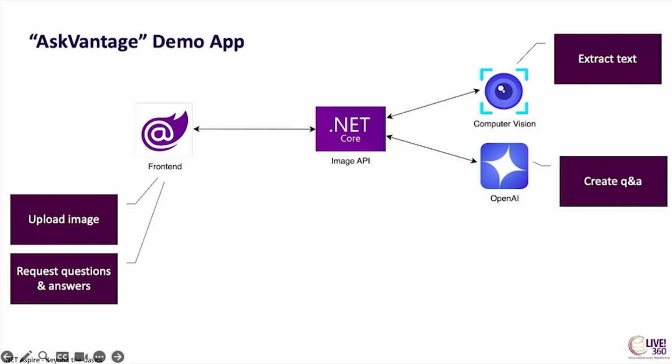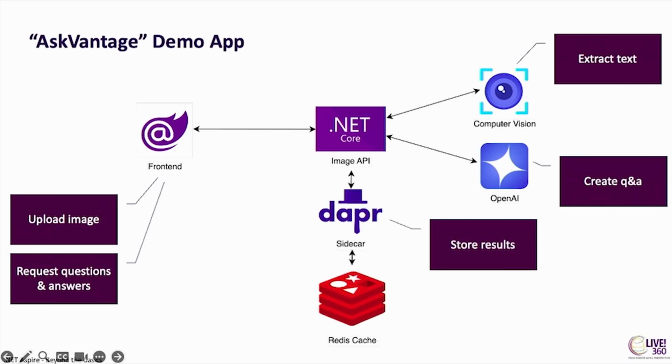That will, of course, send it to a large language model, which is running somewhere on my laptop. And it will create questions and answers based on the text. So it is an application that actually does something, and it has some complexity to it. Finally, I chose to use Dapper for my state storage.